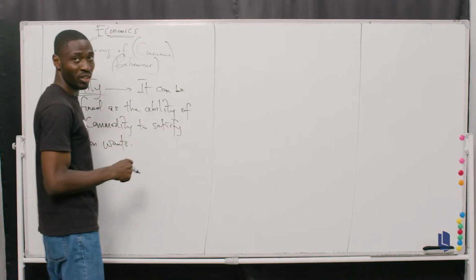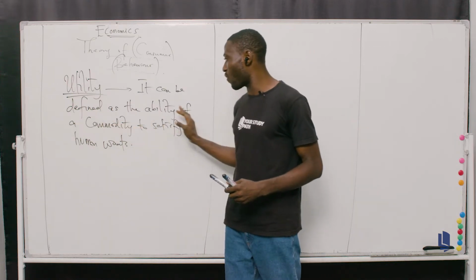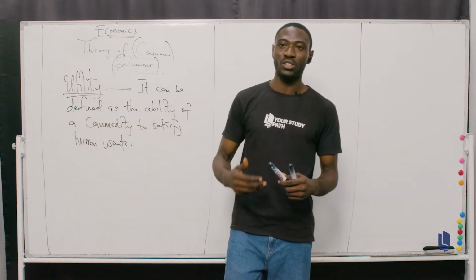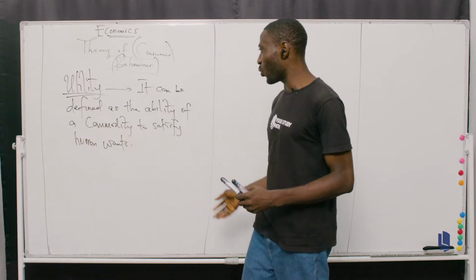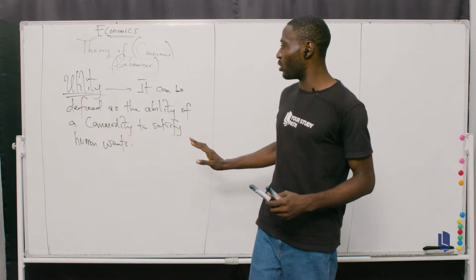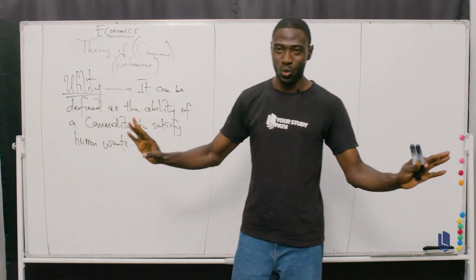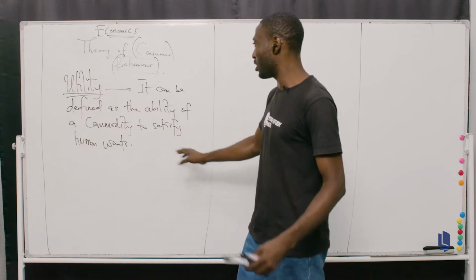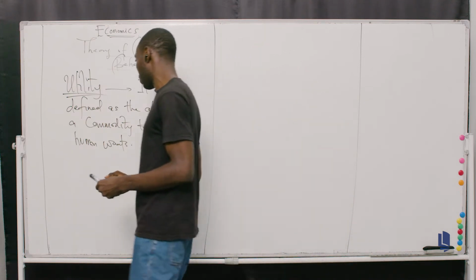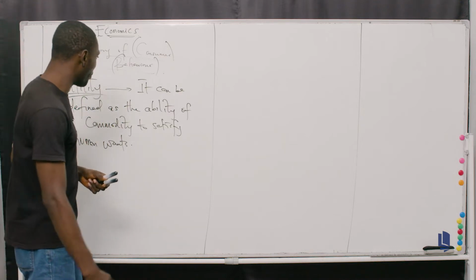Full stop. So when we see utility here, it's the ability of a commodity to satisfy human want. When a commodity cannot satisfy your need or your want, does it give utility? No, it doesn't. So utility is just the satisfaction you derive when you consume a particular commodity.